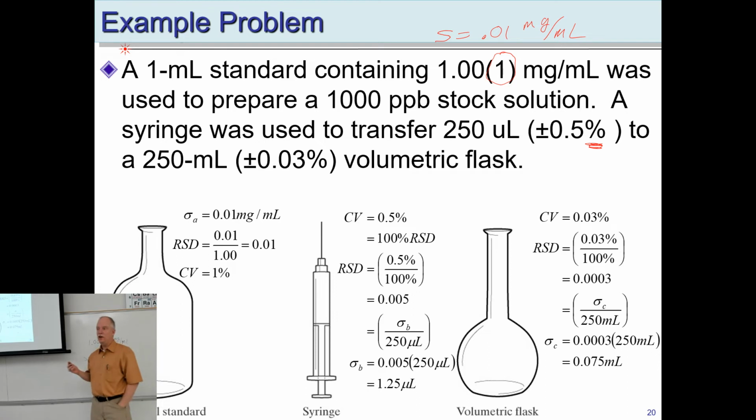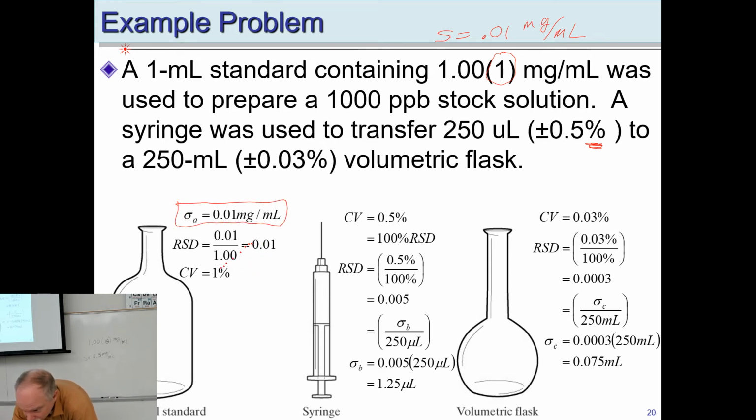And so we've got to figure out what S is for the syringe, and then the same thing with the 250 mil volumetric. It's plus or minus 0.03%, so also a coefficient of variation. So here we've got the commercial standard and that 0.01, so there we know the uncertainty, no problem.